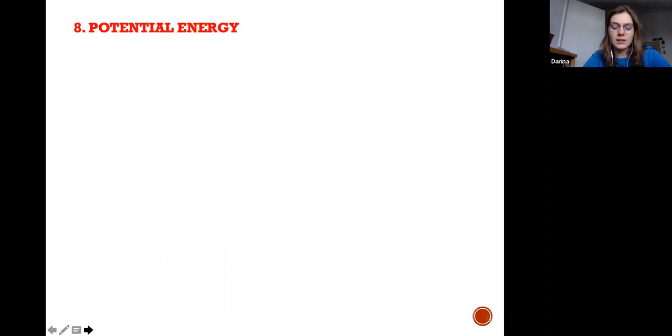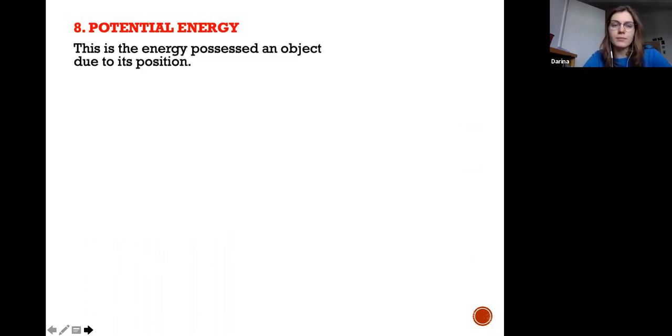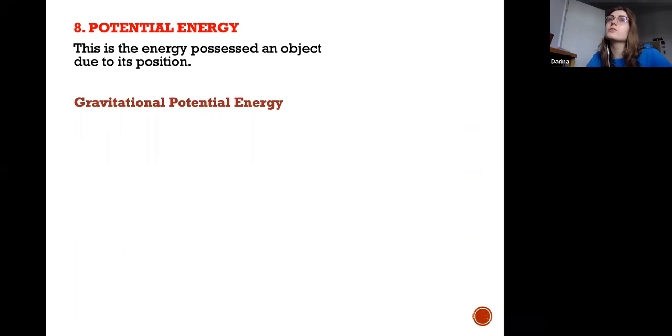Right, next we have potential energy. Gravitational potential energy is what we typically talk about when we say potential energy, but potential energy is just the capacity that something has to move in a certain way, or the stored energy that it has due to its position. The first one is GPE, and remember, GPE equals half mgh.